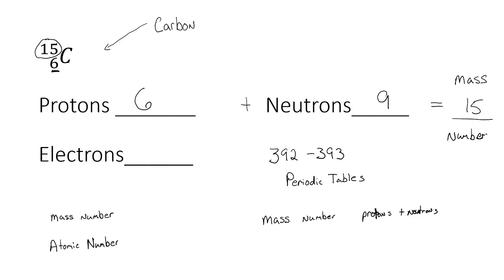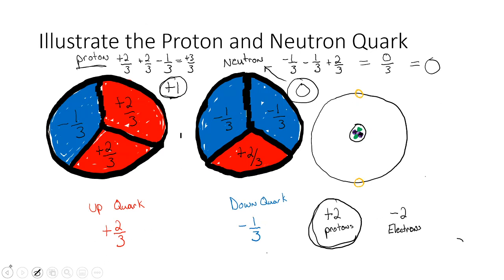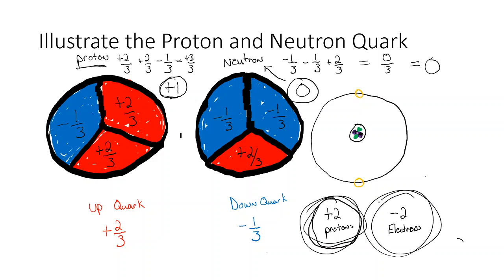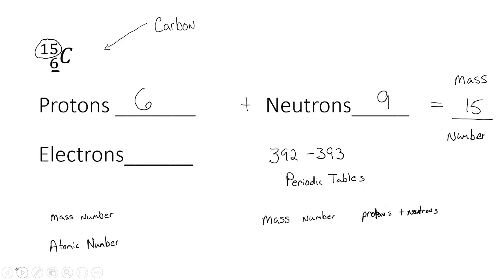Now, the number of electrons. Remember the last diagram I had over here? This had 2 protons and 2 electrons. In the nucleus, the 2 purple dots are the protons, and out at the edge, those 2 orange dots are the electrons. The net charge of this is 0, because 2 minus 2 equals 0. Elements are pretty stable when they have a charge of 0.